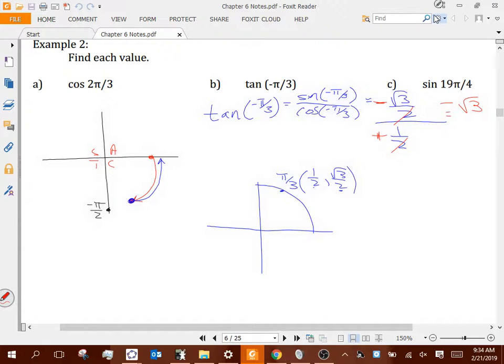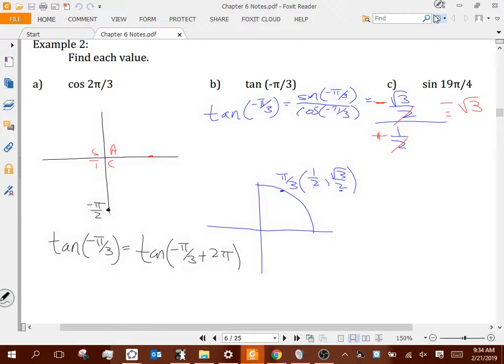Now, is that the only way I could do it? No. Some people don't like using negative angle measurements. This is what we learned on the first day of class in regards to trig. If I take tangent of negative pi over 3, is that going to be the exact same thing as tangent of negative pi over 3 plus 2 pi?